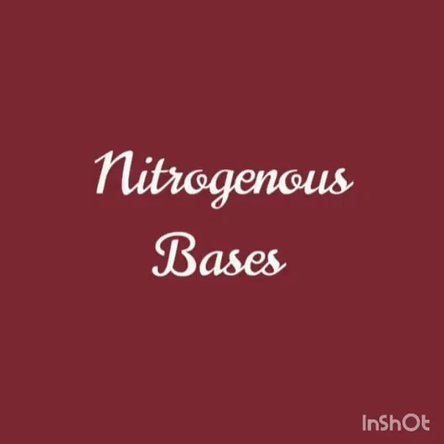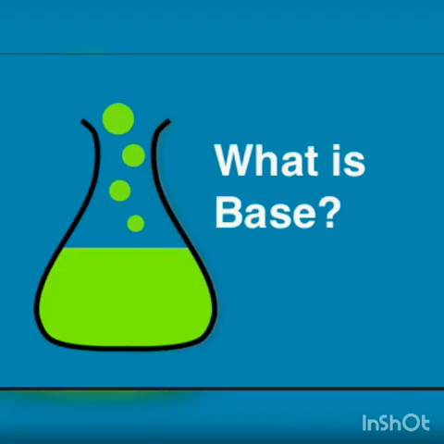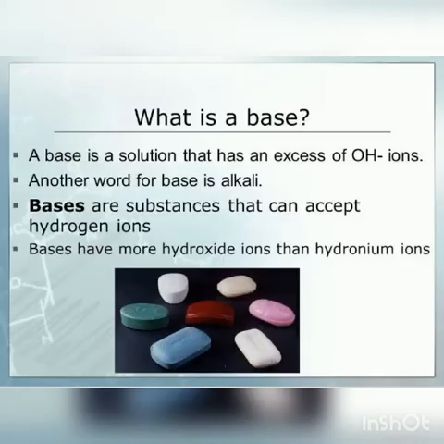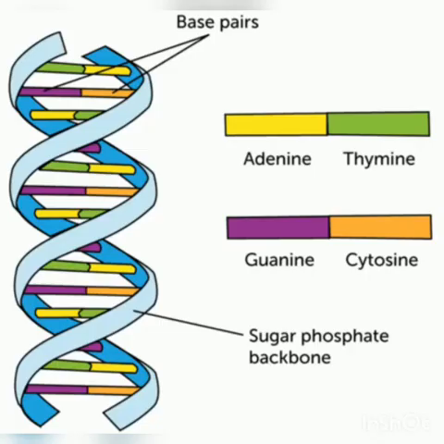Next, we move on to the nitrogenous bases. So what are nitrogenous bases? The bases are nitrogen containing molecules having the chemical properties of a base. What is a base? A base is a substance that accepts a hydrogen ion or a proton in a solution. DNA and RNA both have 4 bases, 2 purines and 2 pyrimidines, in the nucleotide chain.